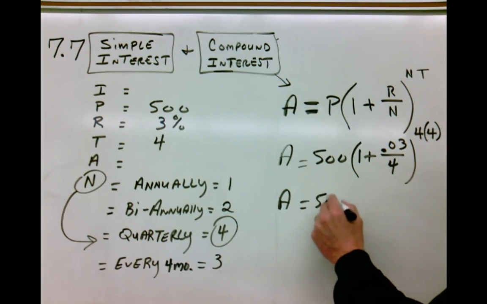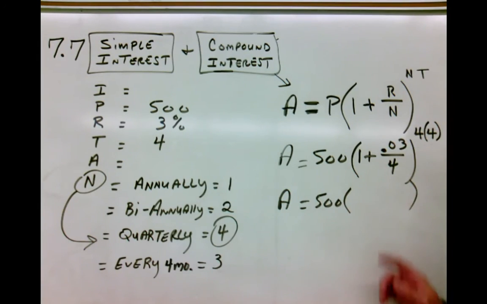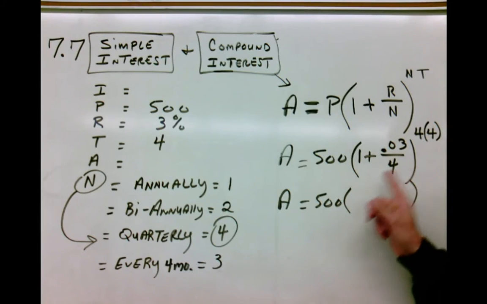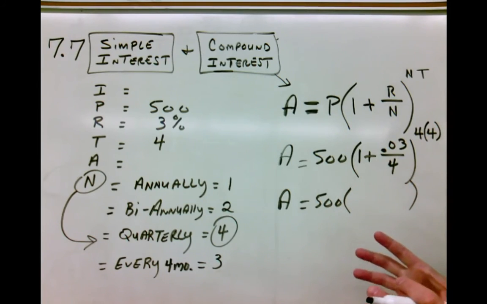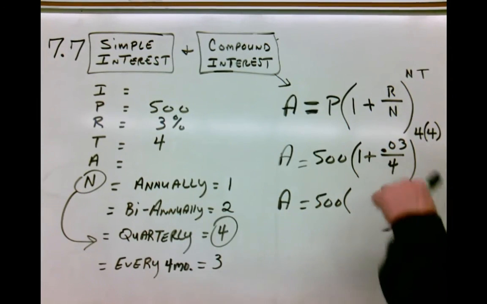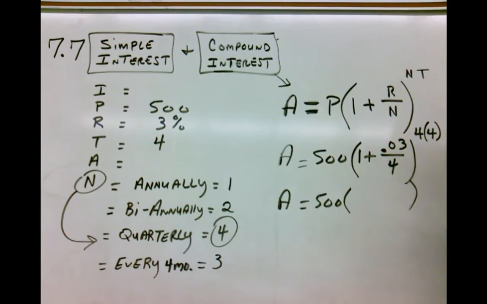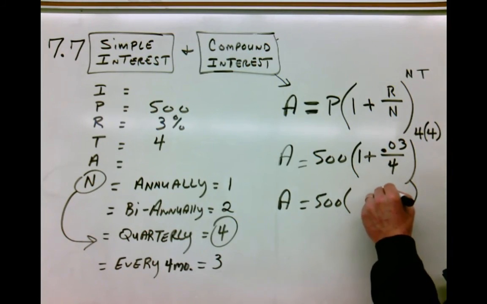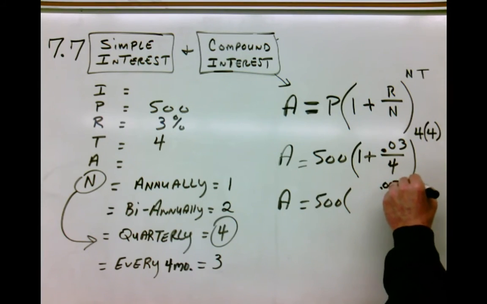So 500 times, and what I'm going to try to do is calculate what's inside the parentheses first to simplify. So I'll do 0.03 divided by 4 first, and I get 0.0075.